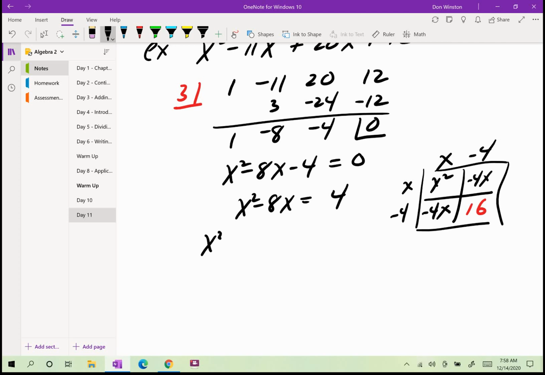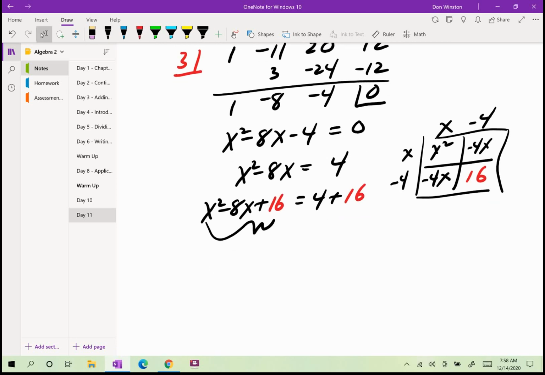So we have x squared minus 8x, and I'll be adding 16 to both sides. This is equal to 4 plus 16. Okay, but that's just x minus 4 squared equals 20.